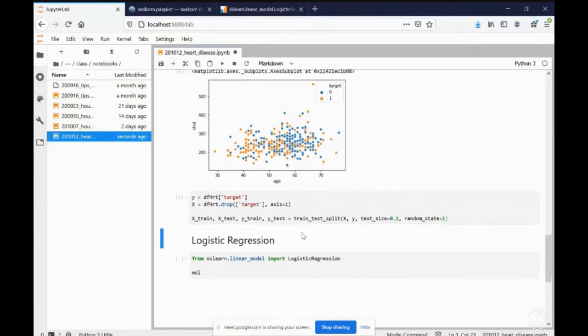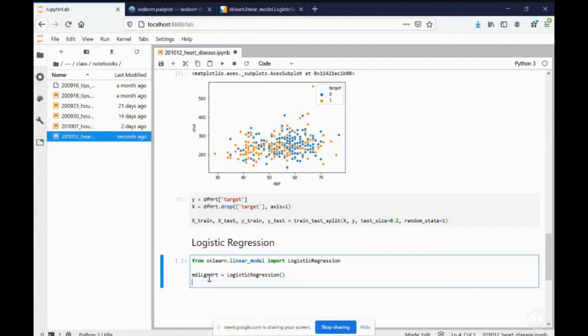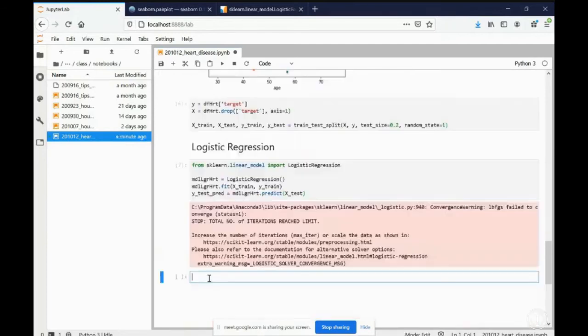So we've defined our target and our features to some extent. Let's call the model logistic regression for heart disease. This is our define, then we do fit, x_train, y_train, and then we're going to do our prediction, but let's save that as y_test_pred equals model.predict(x_test). Let's do this first and see if it runs.